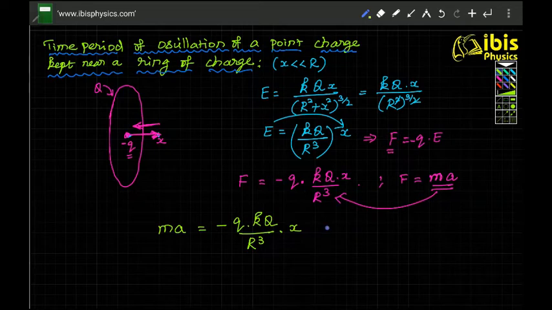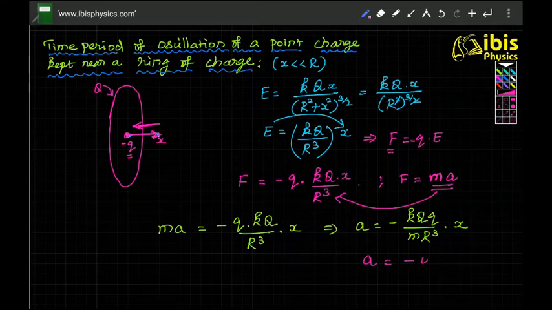If you rewrite this in a slightly better way, acceleration is equal to minus k q q by m r cube into x. A standard equation for simple harmonic acceleration is a is equal to minus omega square x.